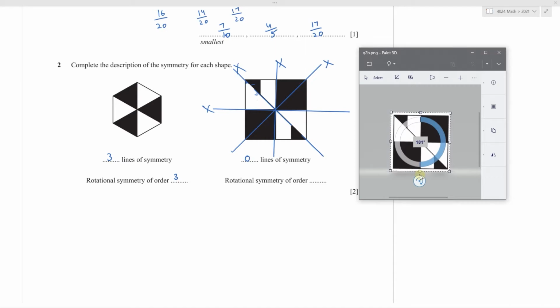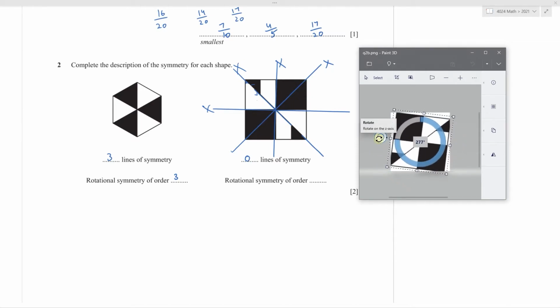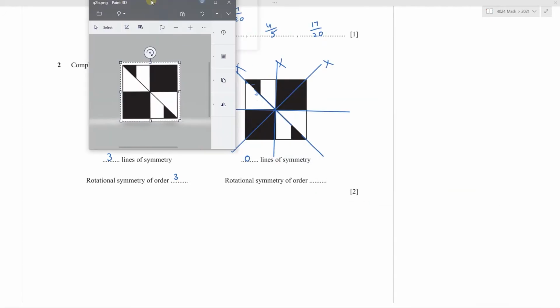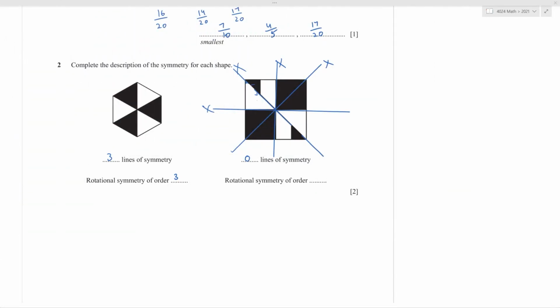At 180 degrees of rotation, I have the same shape as the original diagram: right top, bottom left, and this triangle here, this triangle here, and this triangle here are shaded. So that's 1. Again I keep rotating, and at the full 360 degrees, I get the same exact shape again. So during the full 360 degree rotation, there were 2 occasions when I had the same shape that I started with. So the rotational symmetry order here will be 2.